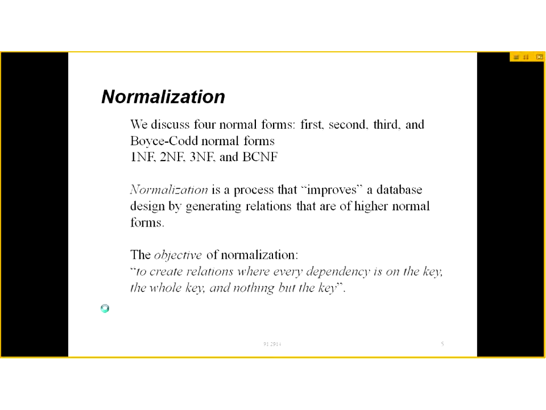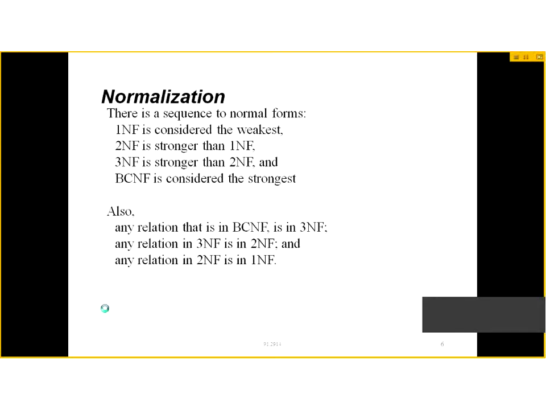Normalization is basically the process which improves your databases, and its objective is to create relations where every dependency is on the key, the whole key, and nothing but the key. So the dependency should only be on the primary key.